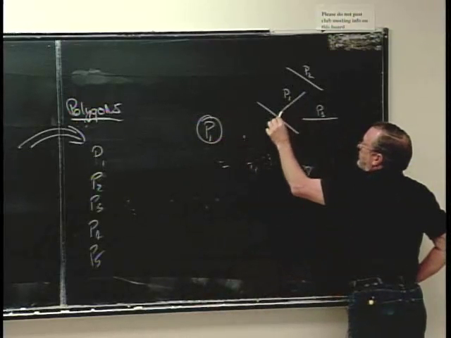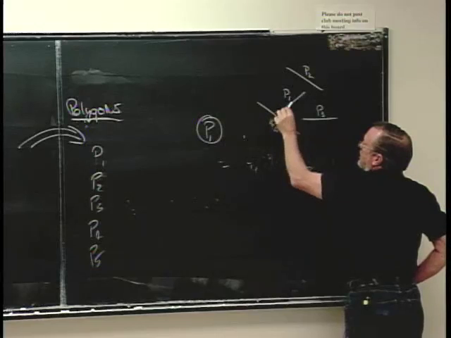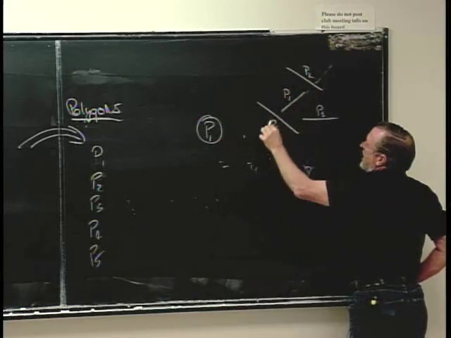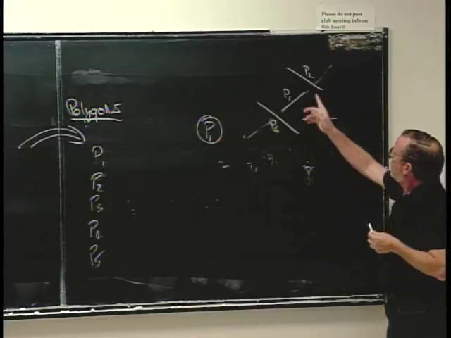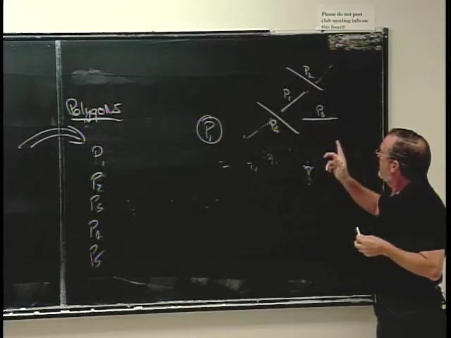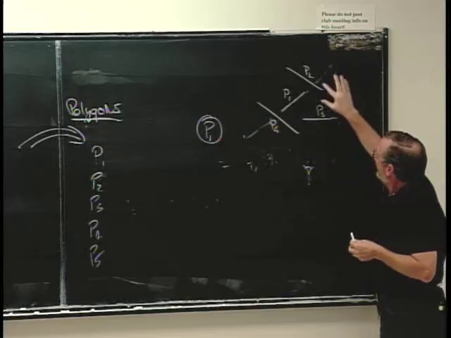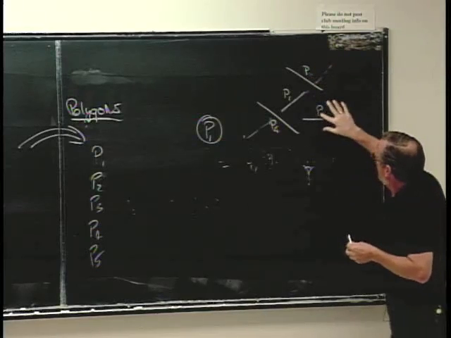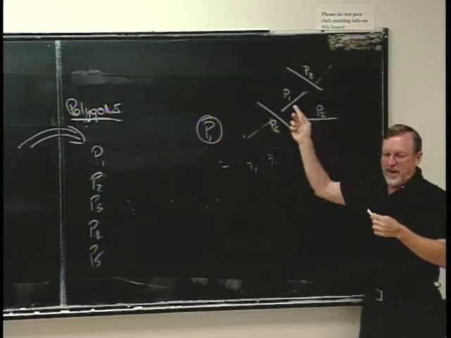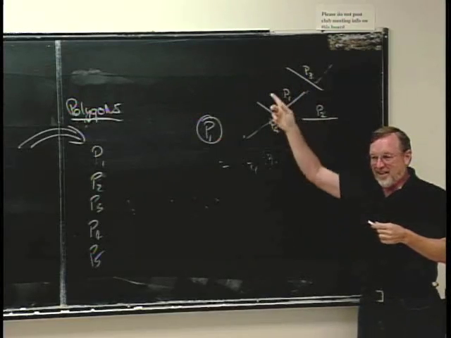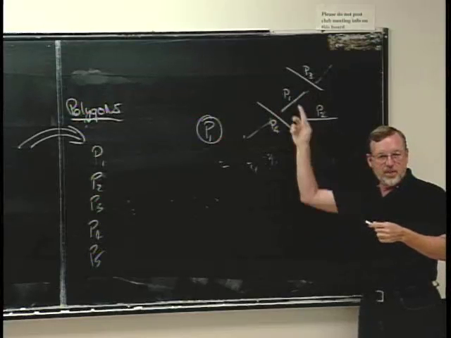What I'm going to do is look at P2, and look at the plane of P1. Can I renumber these so I can make this discussion easier? I'm going to ask if P2 is on the inside or the outside, in front of or behind.